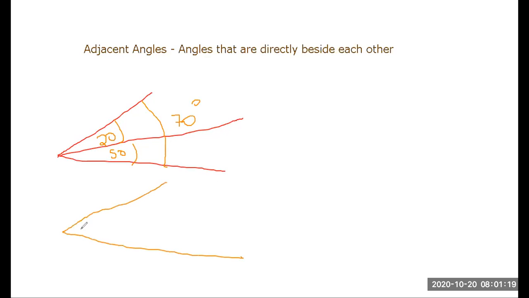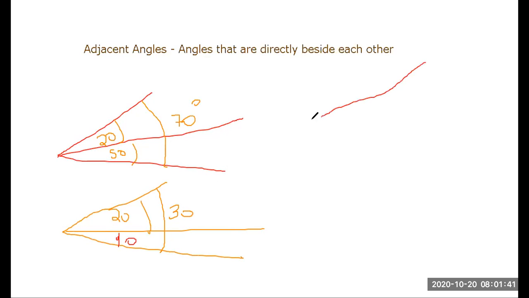If I give you an example and I say this is 20, but the whole thing is 30, then what is this angle? It would be 10, because the whole thing is 30, one side is 20, so the other side must be 10.